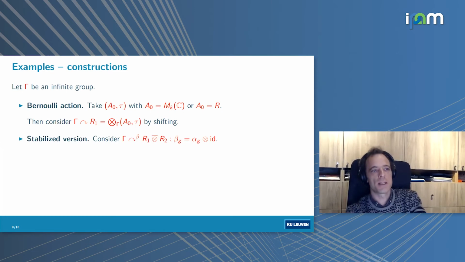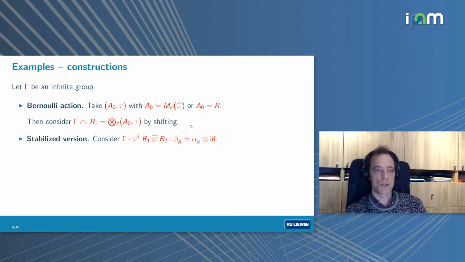Secondly, you can tweak this a little bit and you could stabilize this in the sense that you would take yet another copy of the hyperfinite II_1 factor and then look at the action alpha_G, this Bernoulli action that I defined here. Yeah, I forgot to label this alpha, but this is alpha_G, combined with just the identity on R_2.